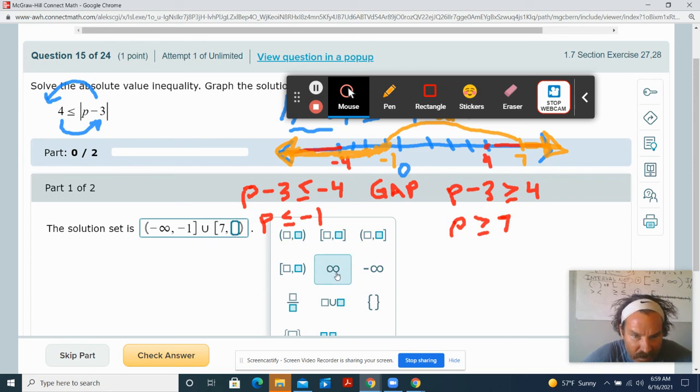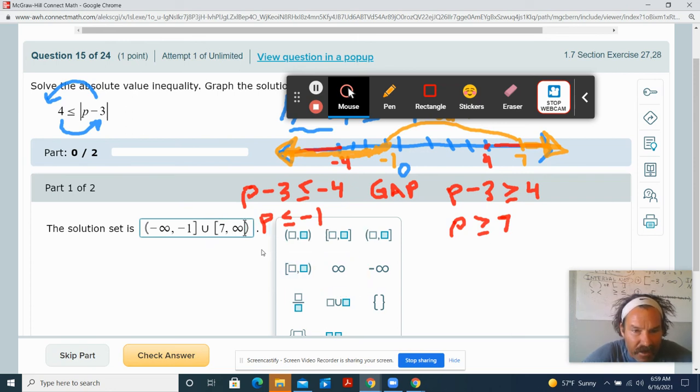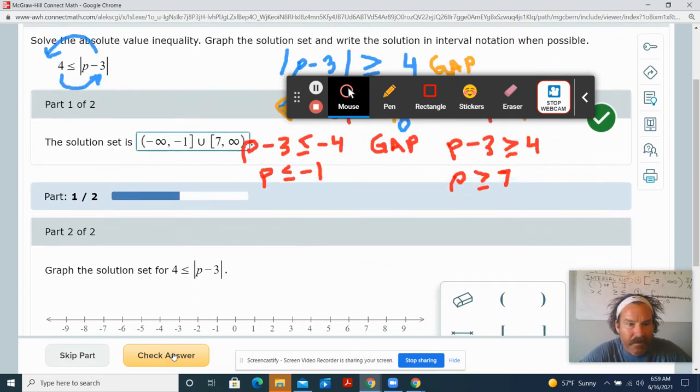Infinity signs always have the rounded parentheses because you can't really get there. Let's make sure that's accurate: negative infinity to negative 1 and 7 to positive infinity. Check the answer.